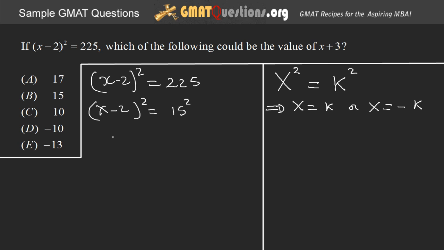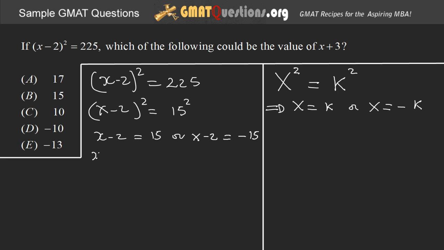Using this particular method, on the right side we can say that x minus 2 is equal to 15, or x minus 2 is equal to negative 15.